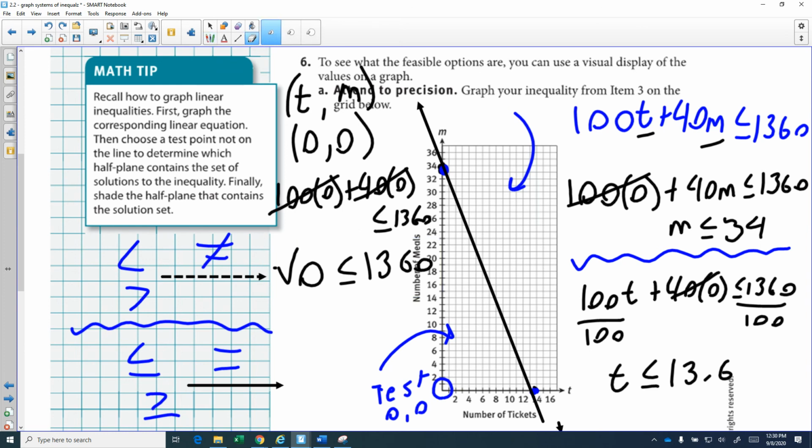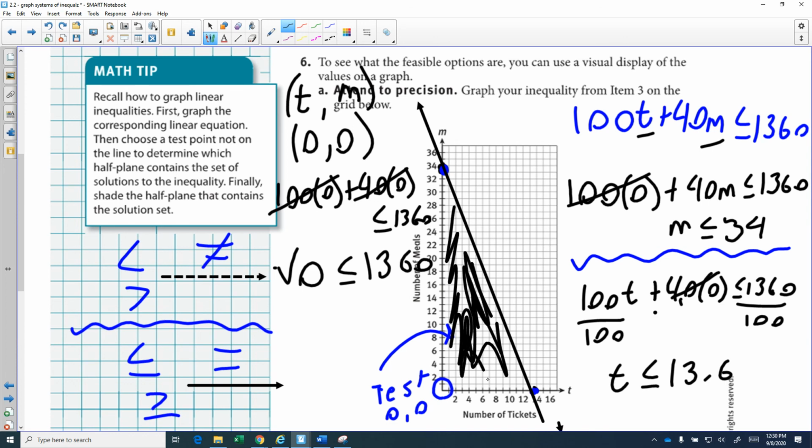Because of that, everything towards that point, all this area down here, has to be shaded in. That would mean any coordinate in there has to be a correct answer. We're also stating that on this side, any coordinates in there are incorrect.